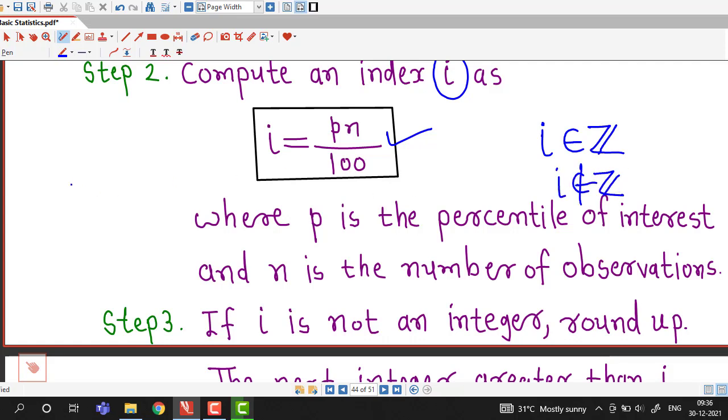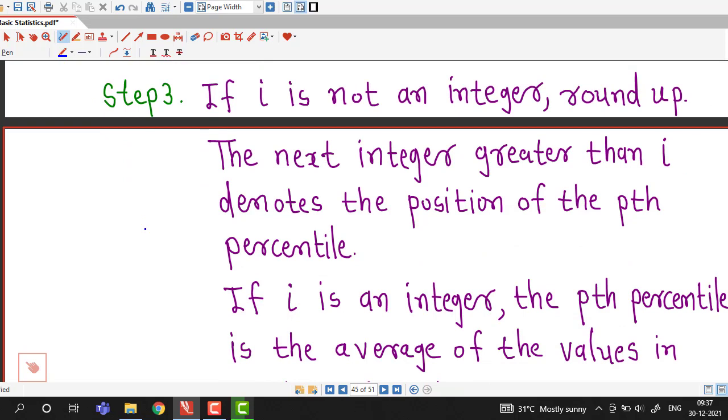Now suppose I is not an integer. For example, I equal to say 10.3. So this is not an integer. Then we consider the integer which is just greater than 10.3, that is 11. So here I have written, if I is not an integer, round up.